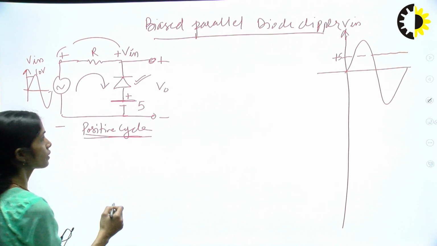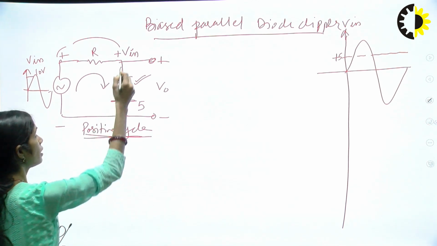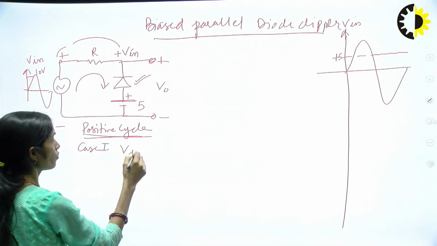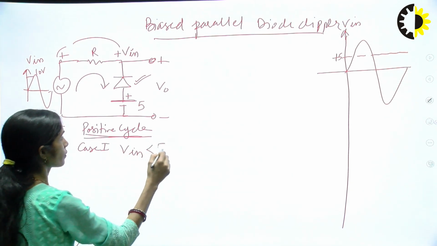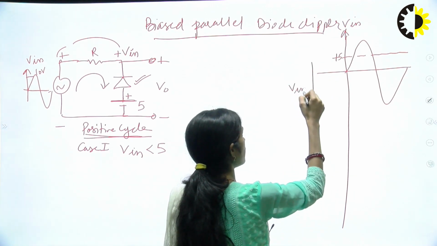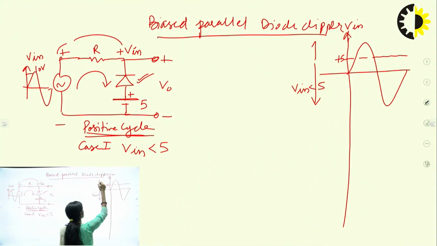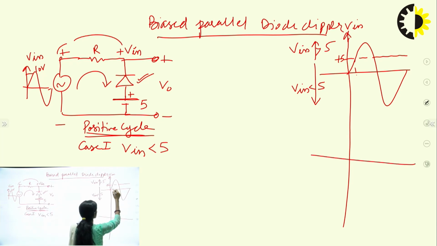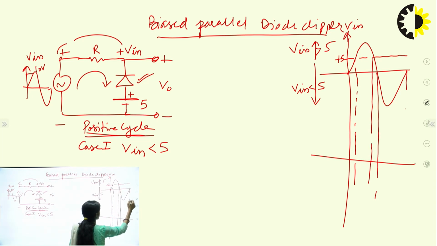So for the positive cycle, I am checking case 1. Case 1 is Vin lesser than 5, and above this I am taking Vin greater than 5. For Vin lesser than 5, we draw the projections here at all reference levels.